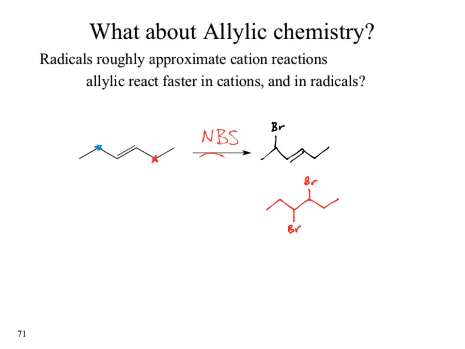NBS produces minuscule amounts of bromine. The very tiny amount of bromine that is present prevents the addition reaction from happening because it's not present in a high enough concentration to do the addition. So that gives light an opportunity to split the bromine into radicals so that it can do the radical reaction.